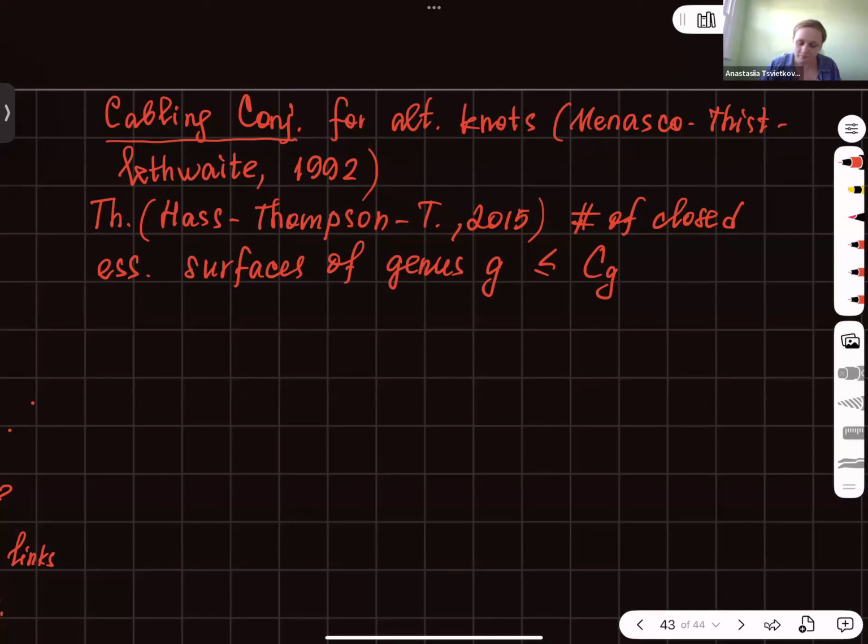And then N, where N is the number of crossings, to the 40G squared. So N is the number of crossings.